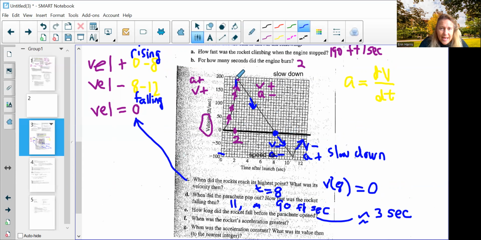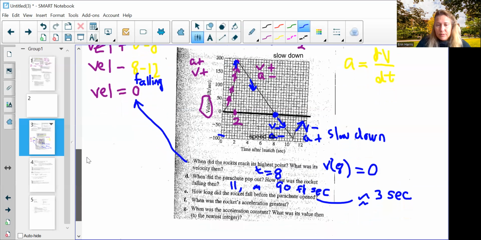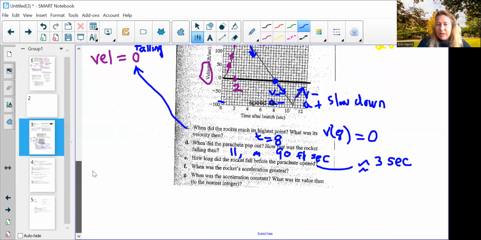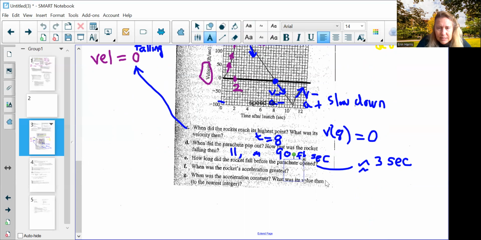That tangent line is practically vertical. So that would be the largest slope, meaning that the acceleration is greatest just before 2 seconds, just before that engine burns out.